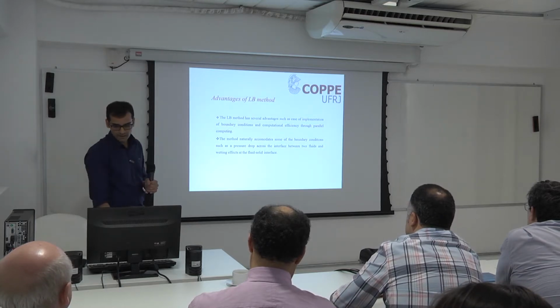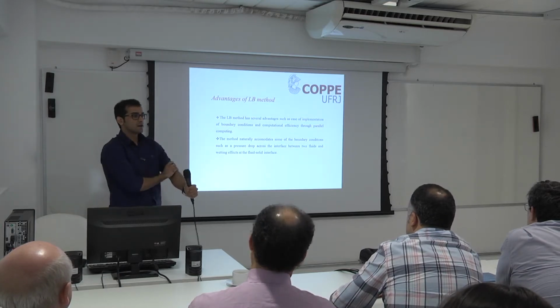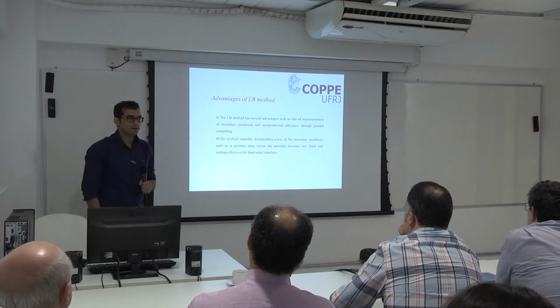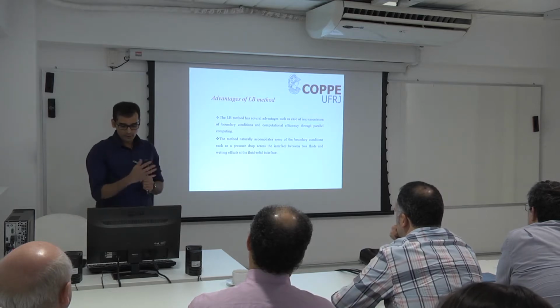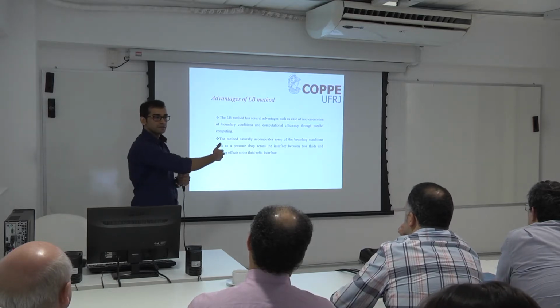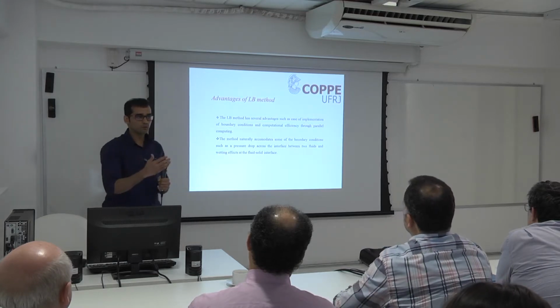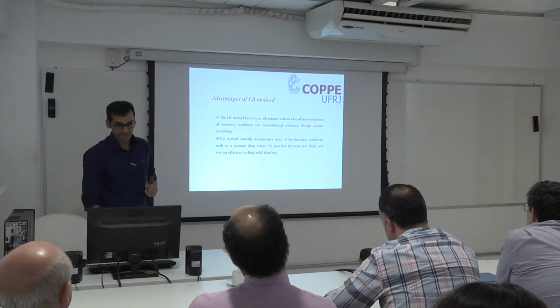Advantages: the boundary conditions are very easy to implement in this case through parallel computing. That's true. The method naturally accommodates some of the boundary conditions, like the wall, the collision between the two nodal points. That's a boundary condition.